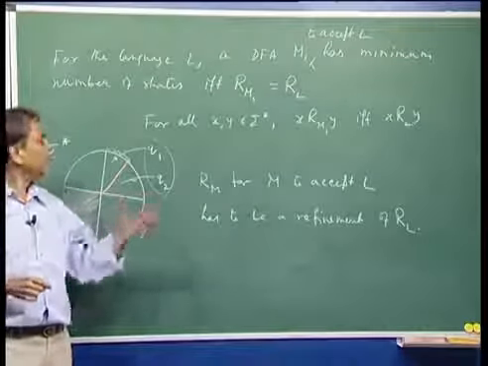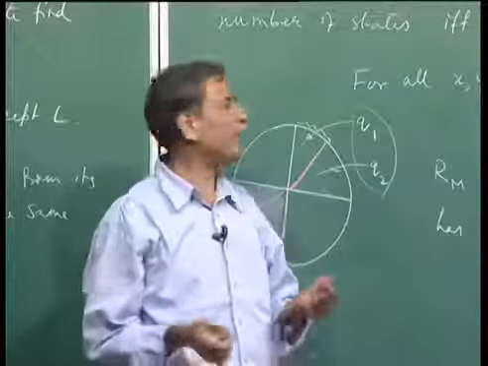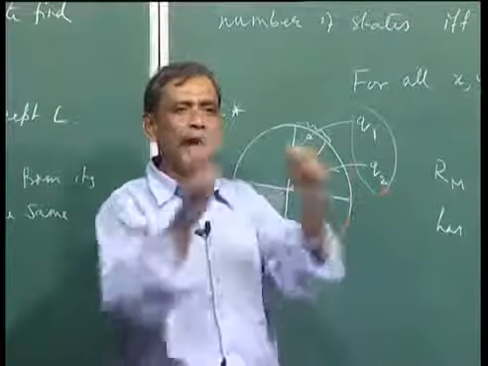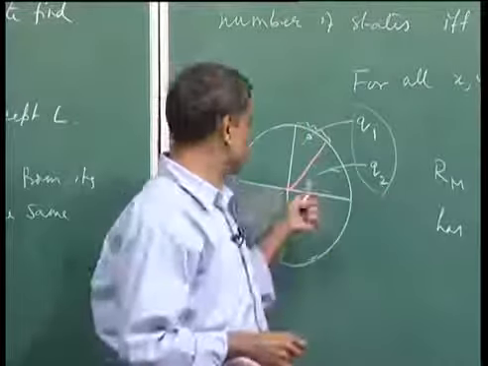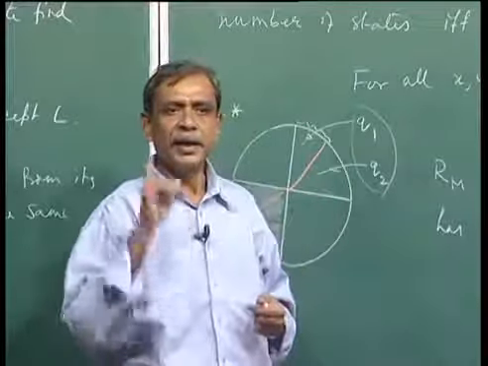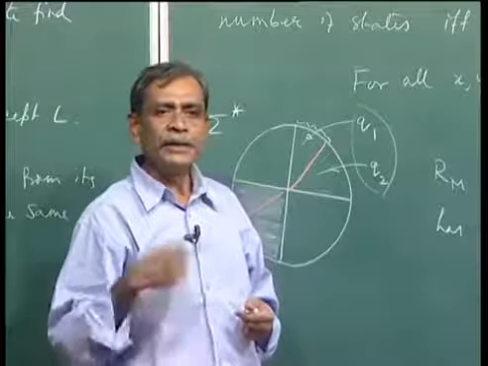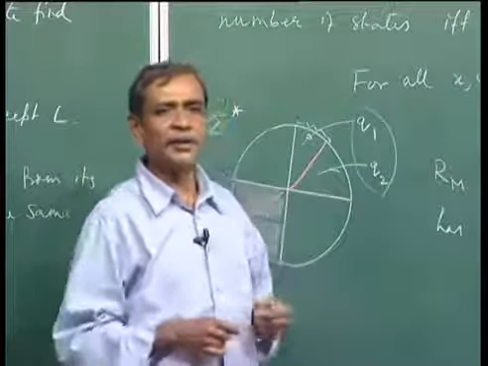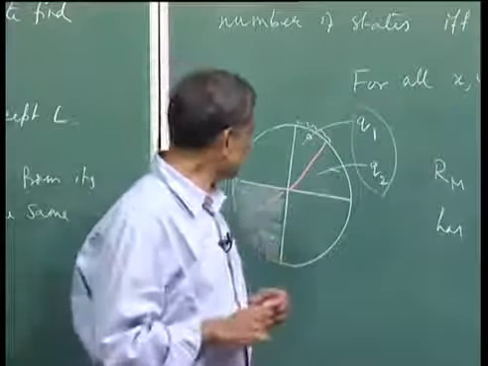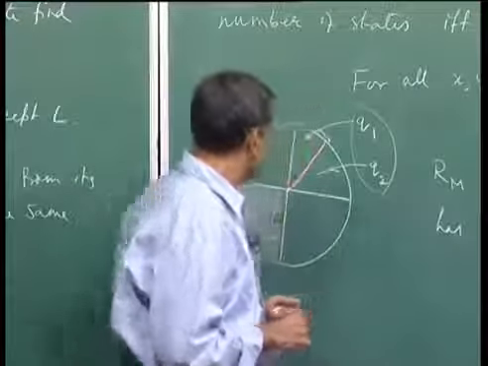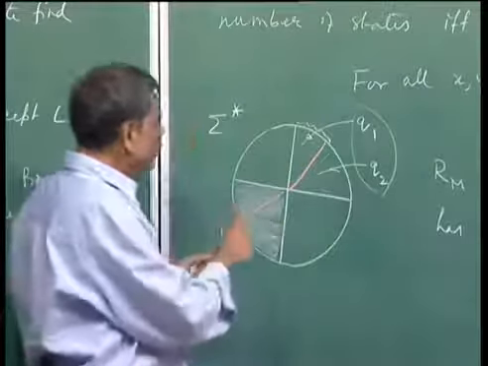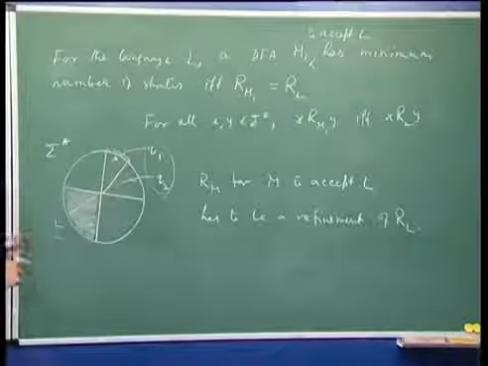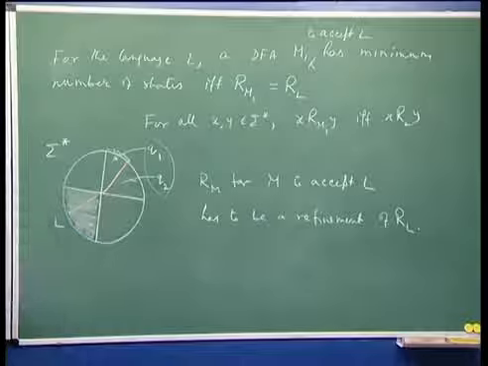If not, it would mean RM1 is a proper refinement of RL, and therefore the possibility of combining two of its equivalence classes into one is there, and thereby the possibility of reducing the number of states is there. Right, so now we can see what our problem for minimization is. We have been given a particular machine M.